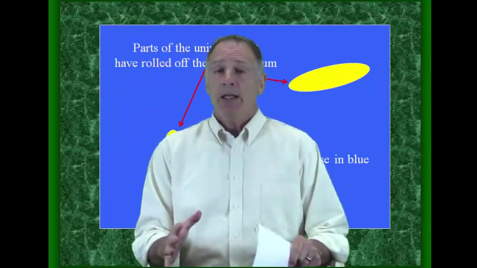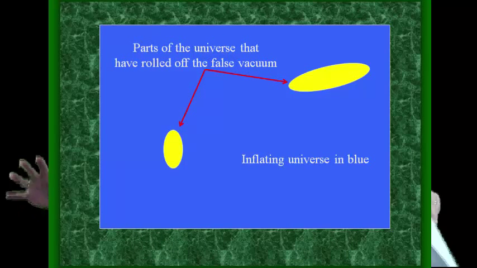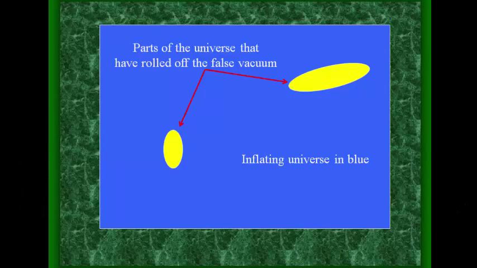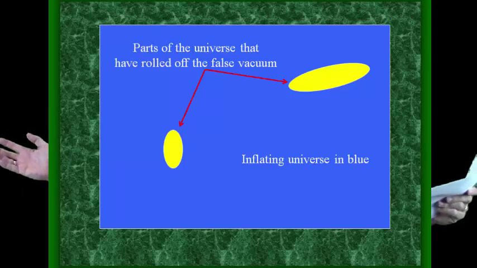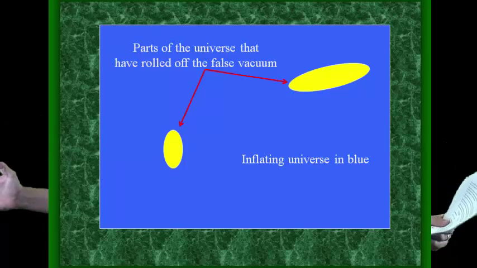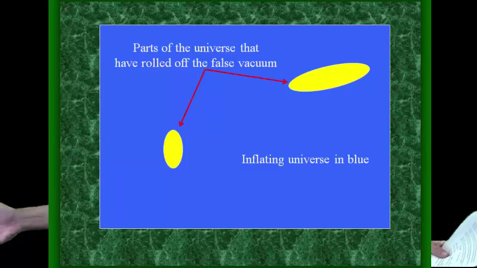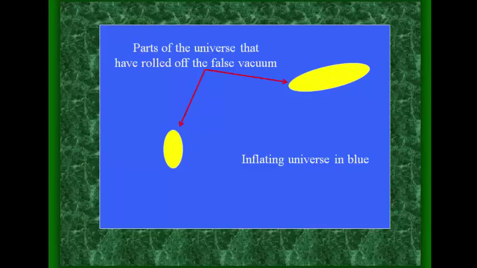And by the way, the inflating universe is inflating faster than the speed of light. So, oh my gosh, you've got this immense amount of inflation. If this is true, just imagine how big this universe is. Now you can have space-time expanding faster than the speed of light, but you can't have particles going faster than the speed of light.